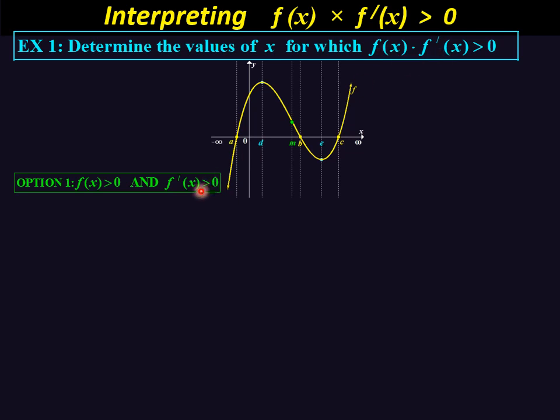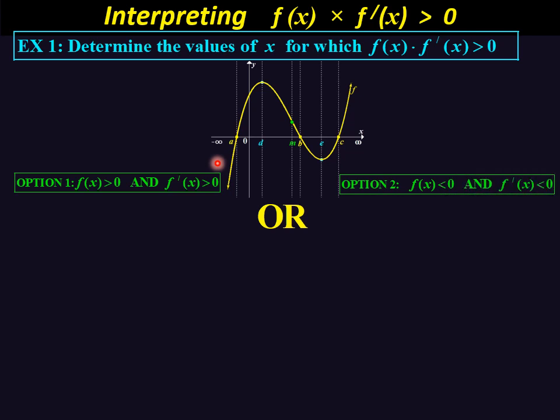So I'm going to look at the two options, where the f(x) is positive and at the same time the first derivative must be positive. Positive times positive. Okay, or we can have the other option. We can have negative times negative. So we're going to look at both. Let's look at each one separately. Positive times positive, and then negative times negative.